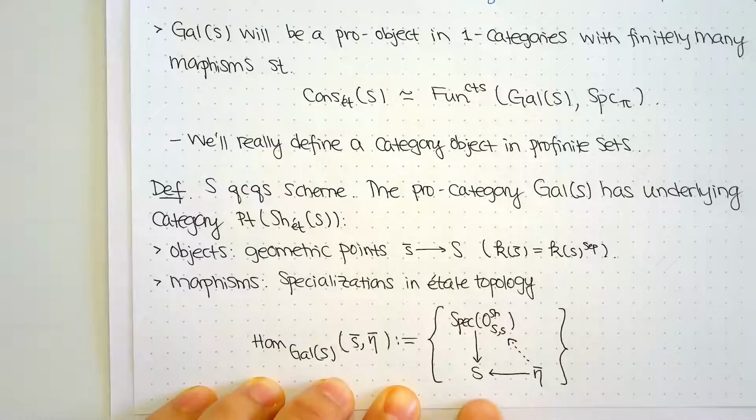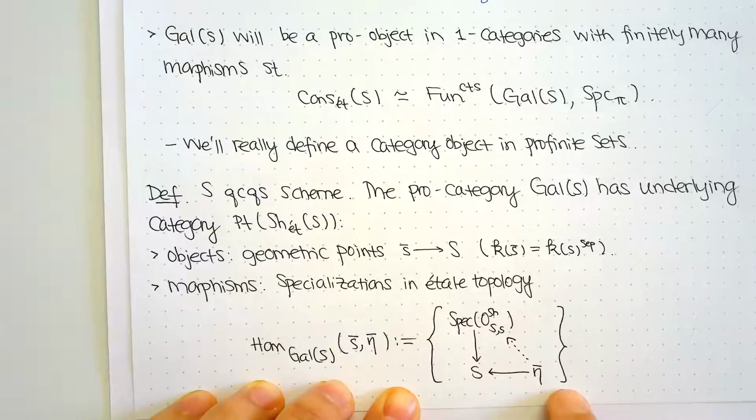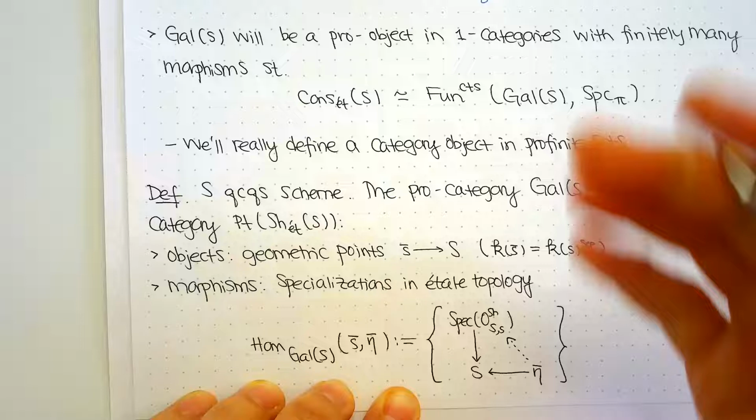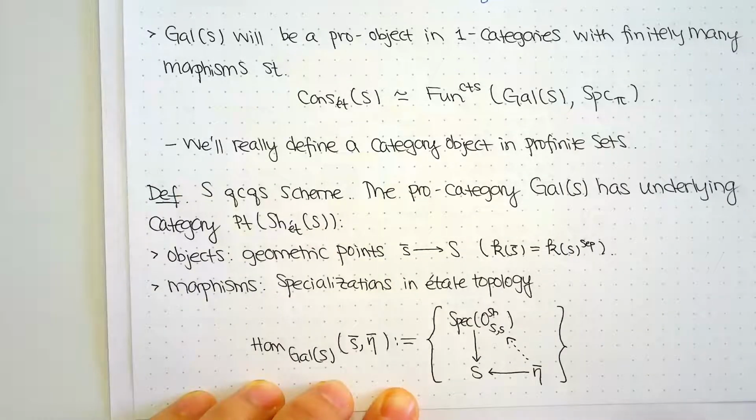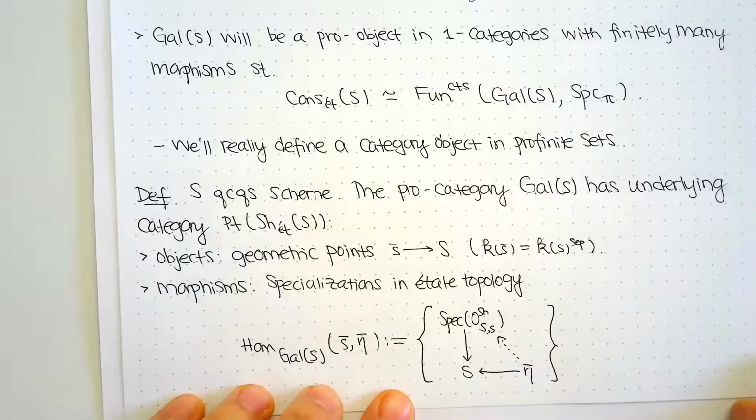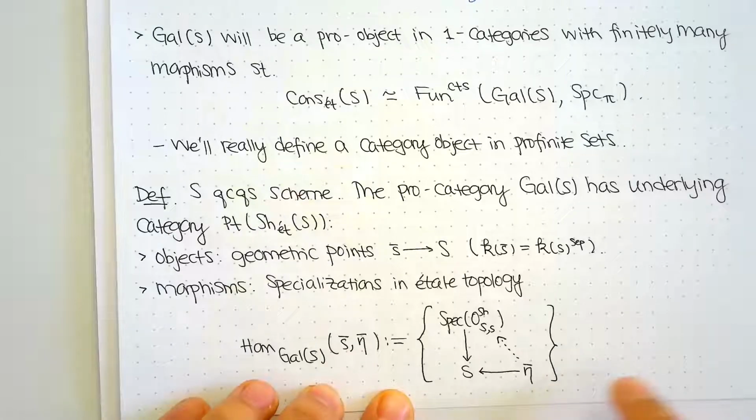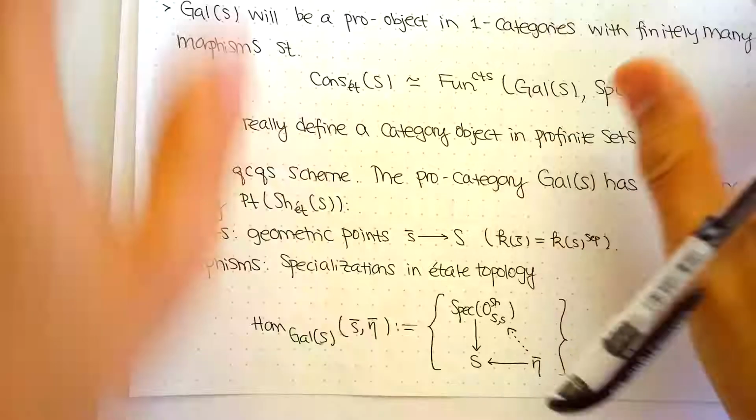In order for this to be non-empty, S has to be in the closure of the point eta. So that hypothesis that I had before was not really necessary. I'll say a bit more about this in a second.